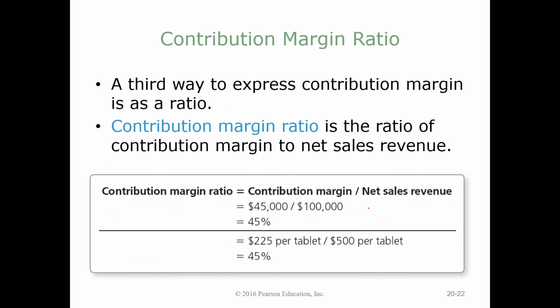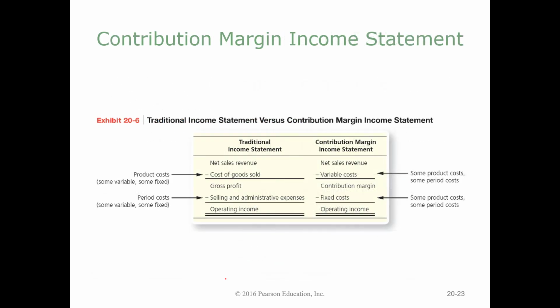If I would like to make the ratio contribution margin over sales, as we said before, it is selling price per unit minus variable cost per unit over selling price per unit. Or in totals, I can do it: total sales minus total variable cost over total sales. And it will give me the percentage that I'm looking for.